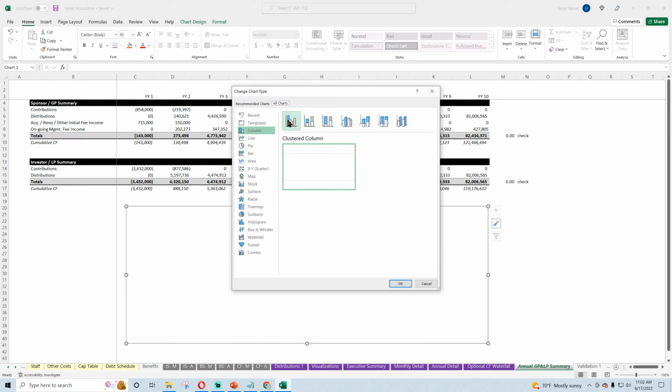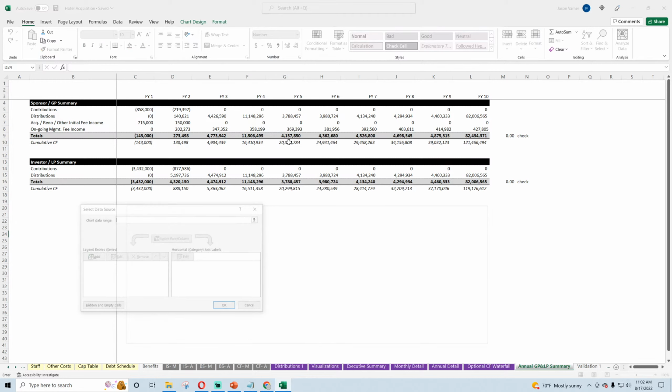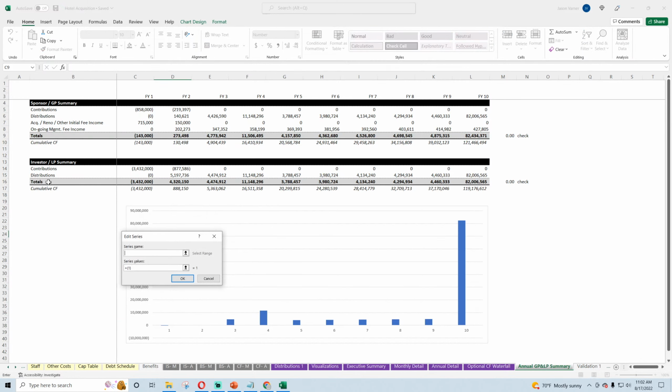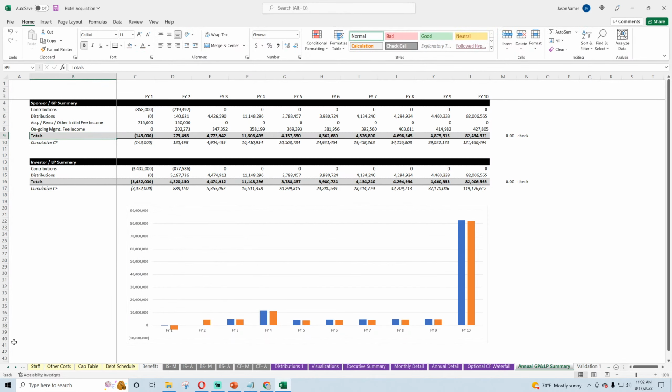All right, so we want this. Let's select our data. So let's just do the total, grand totals here. And here. Okay, label this total sponsor cash flow.